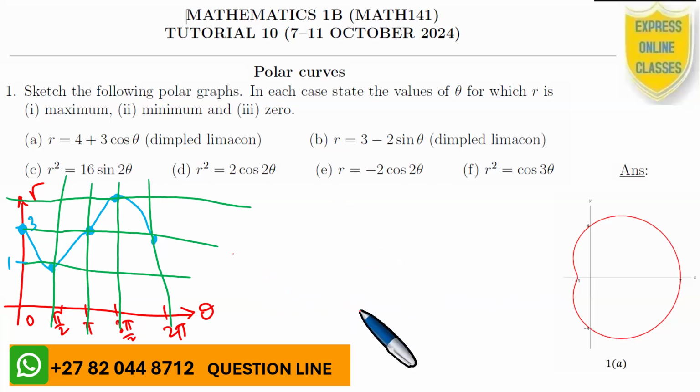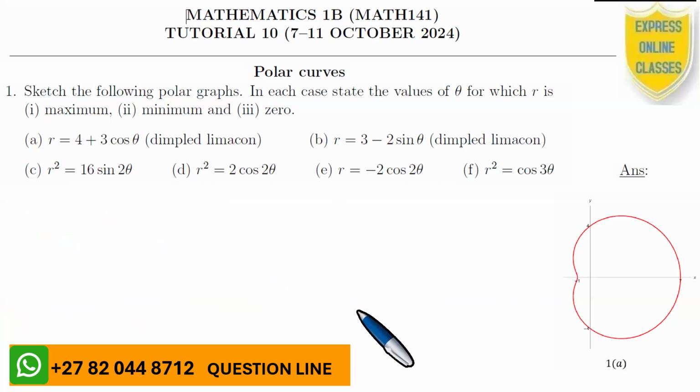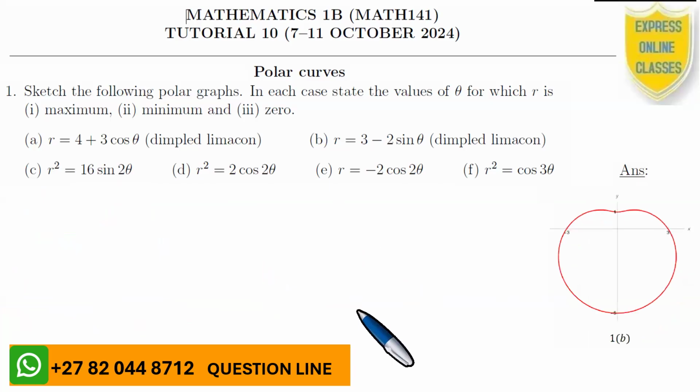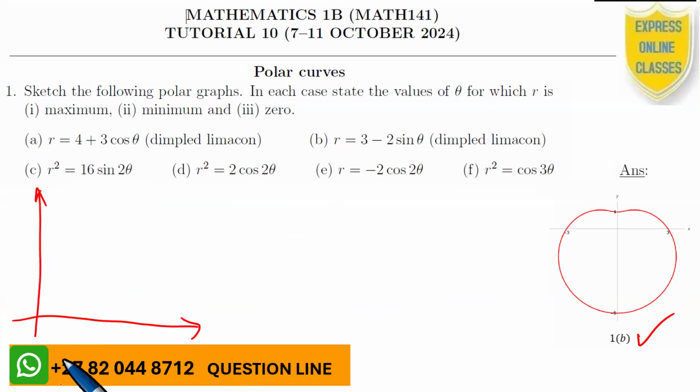Okay, I wanted to sketch the other one. I wanted to sketch B, because I put the B here. So let's be quick. We're going to have 0, pi over 2, pi, 3 pi over 2, 2 pi radians.